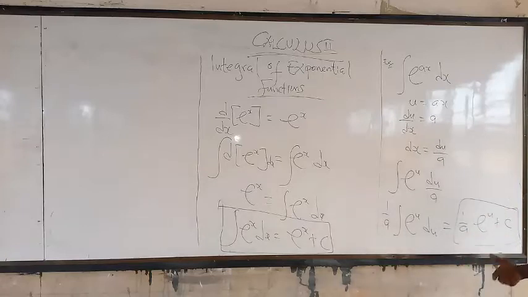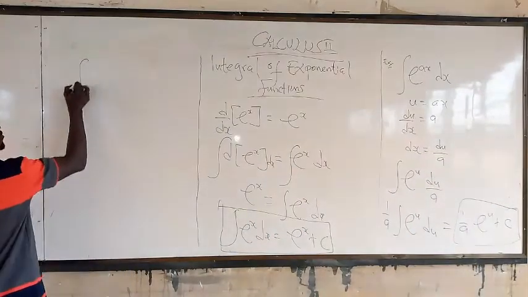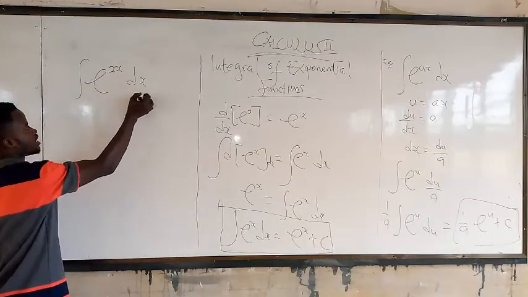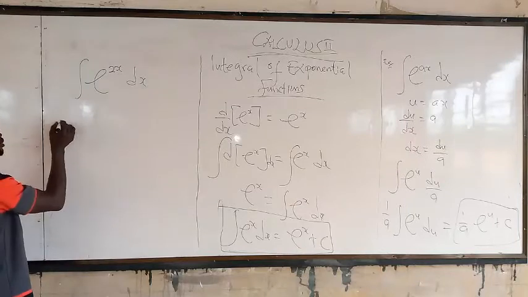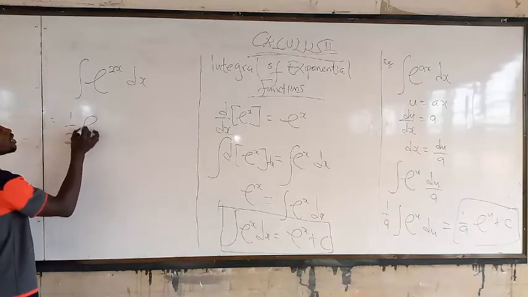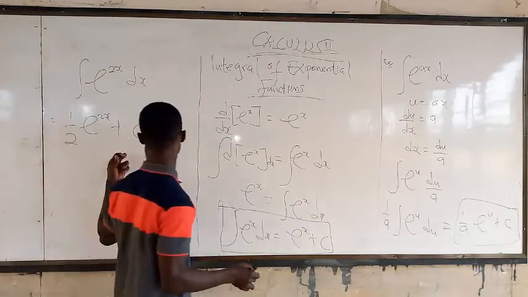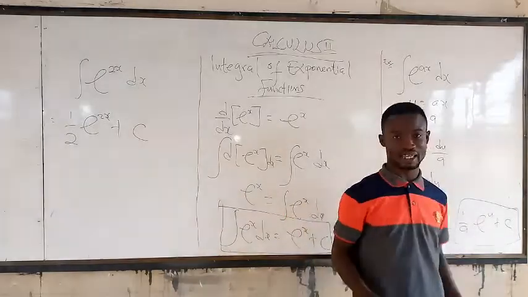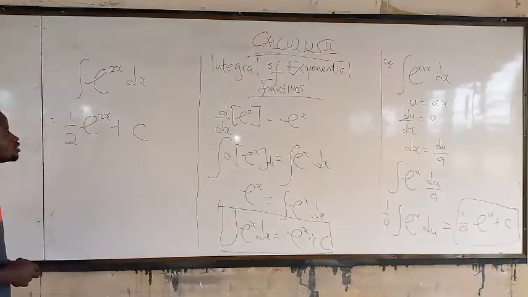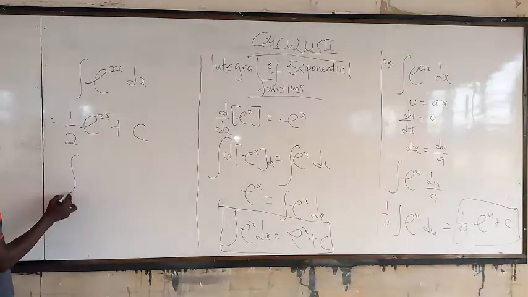So if you have the integral of e to the power 2s ds, simply we are going to get the result of 1 over 2 e raised to the power 2s plus c. And that is exactly what this concept is telling. I hope it's clear. So if you want to go by the steps, no problem, but for me, I'll just go my way.